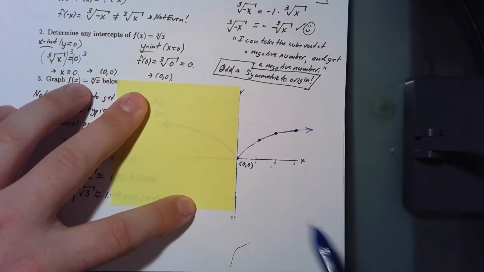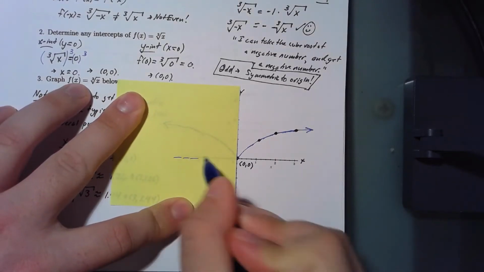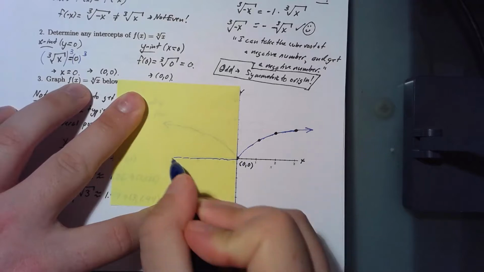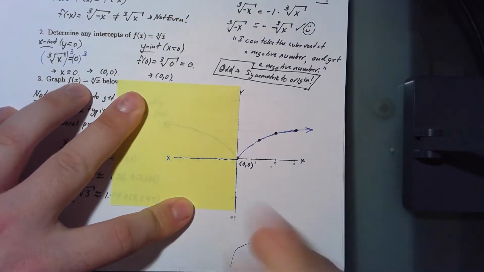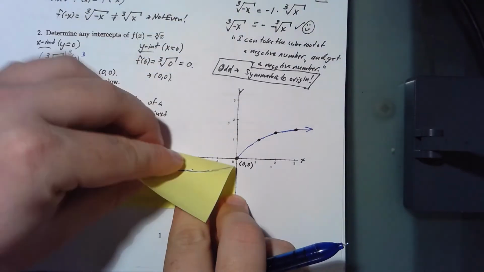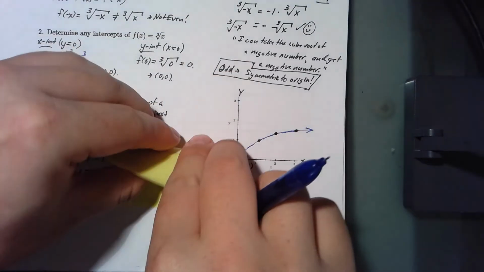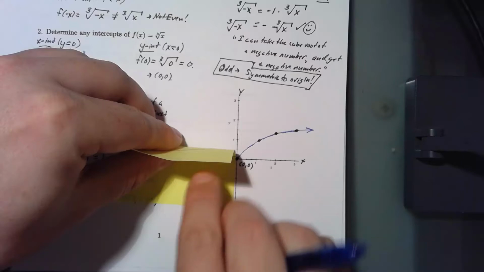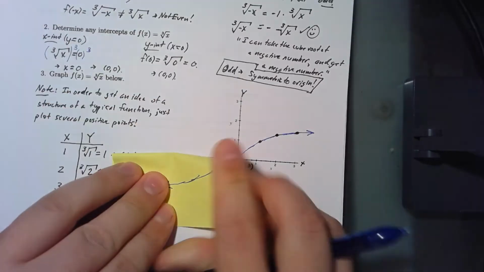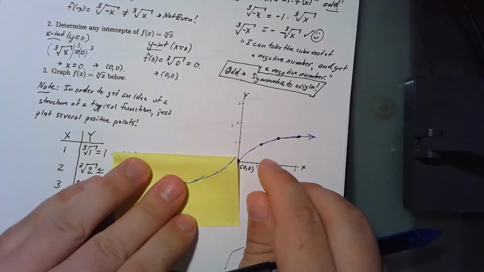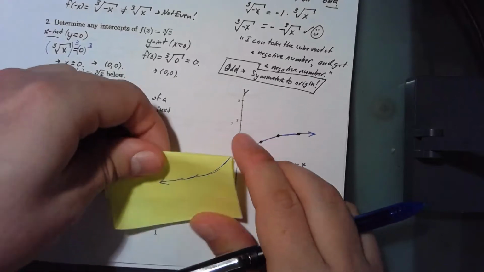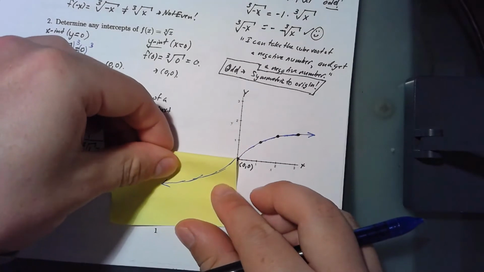And then take that and fold it over the x-axis, which roughly looks like that.